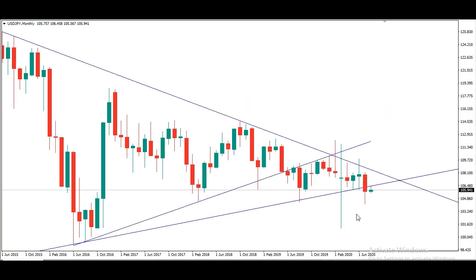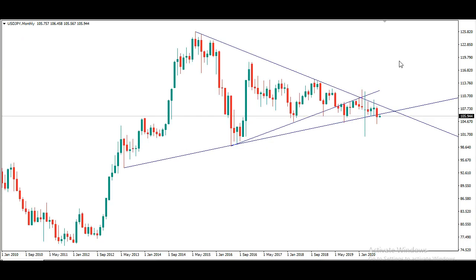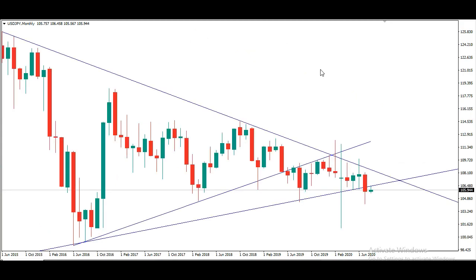Resuming clearly, we see that although the break is marginal, it's actually a monthly close below a monthly level of support. So I would expect that this area will act as resistance, and we already have the area acting as resistance, with today's candle rejecting this ascending trend line support as resistance right now.